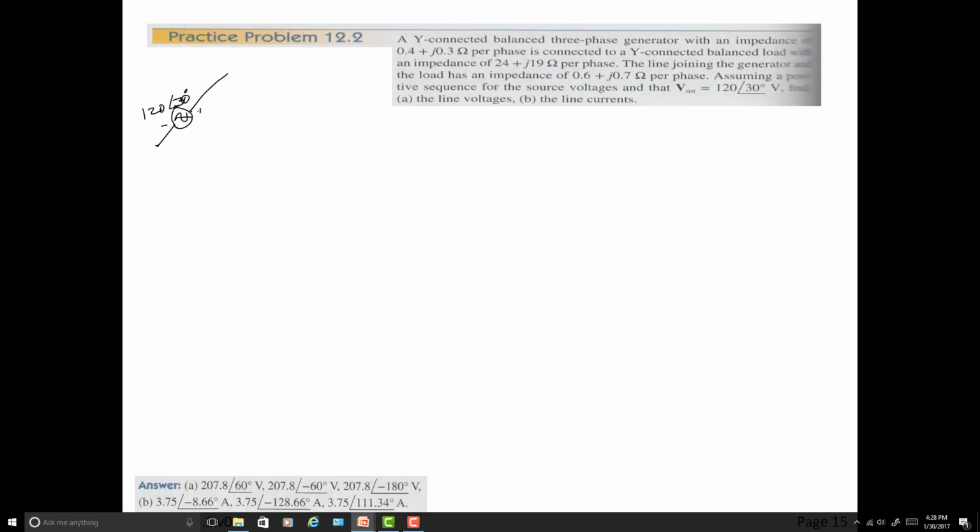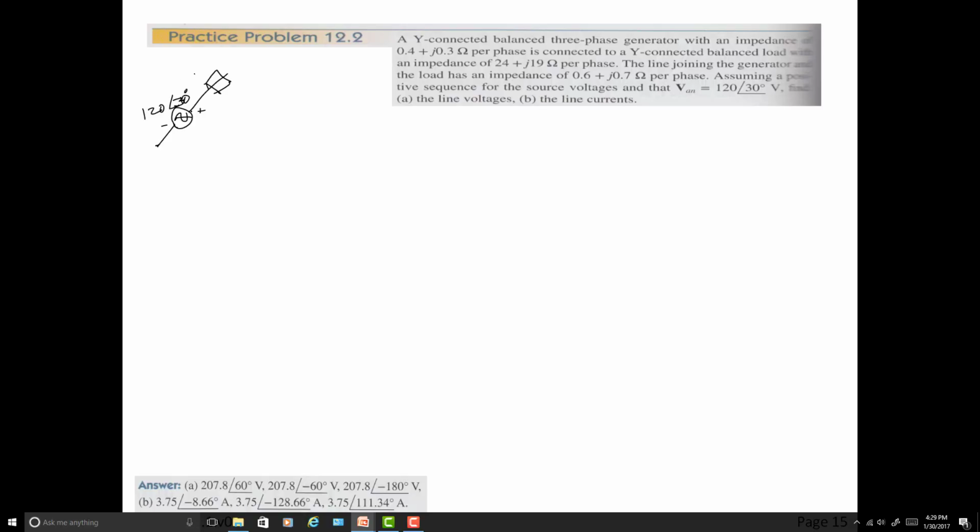There's our other side. We'll put the plus there. And there's also a brick of source impedance, which they say is what? They want a three-phase generator. Has an impedance of 0.4 plus J 0.3.